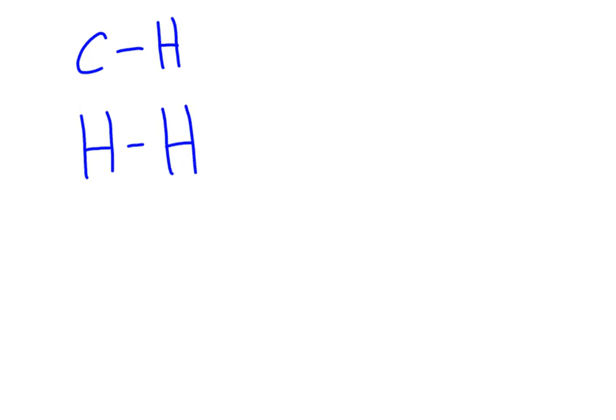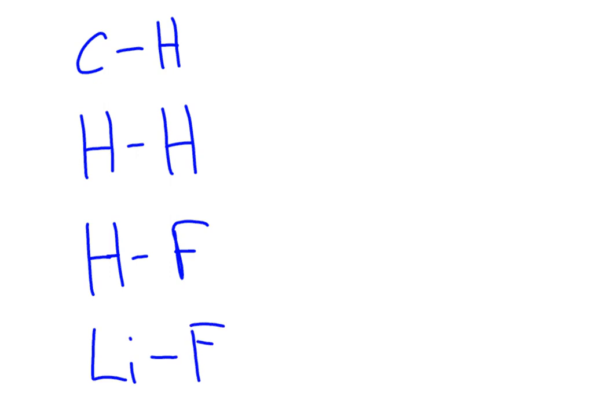Let's choose a carbon-hydrogen bond, a hydrogen-hydrogen bond, and a hydrogen-fluorine bond. And then just for the fun of it, why not a lithium and fluorine bond, which of course you should be going, well, there's no bond there. You're right, there is no bond. We're just going to show little dots to indicate the attraction there.